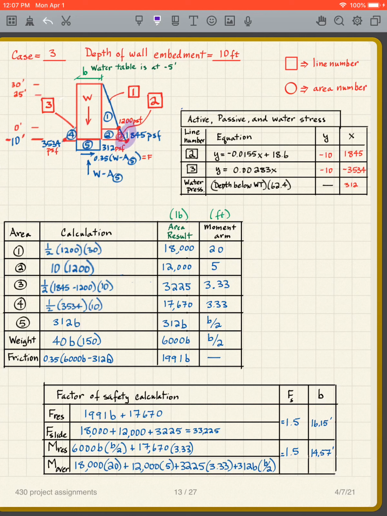For this one here, it's going to be 1/3 of 5. One third of 5 is... that looks like it's a mistake there. Whoops. That should be 1.67.